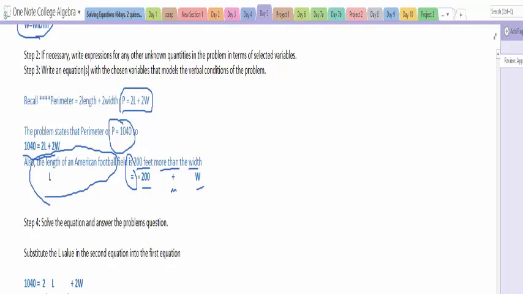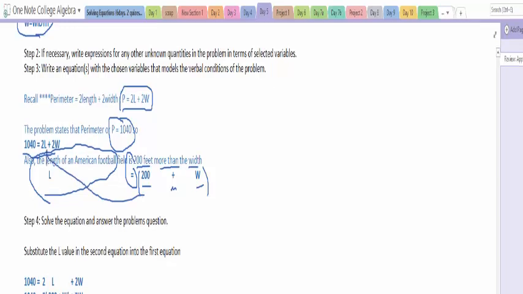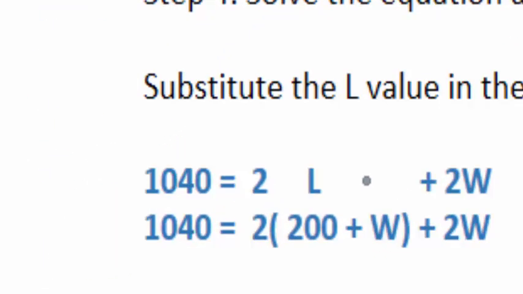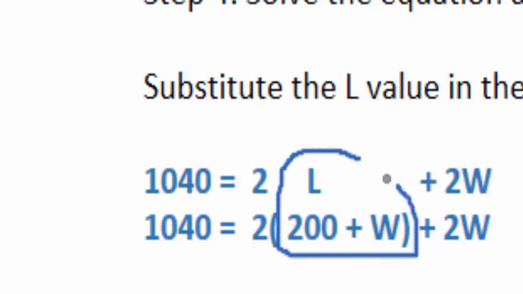So again, let's substitute what L is, 200 plus W, in for L. So we have 2 times the quantity 200 plus W, plus 2W.